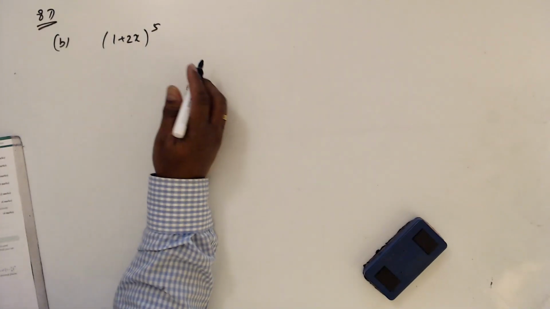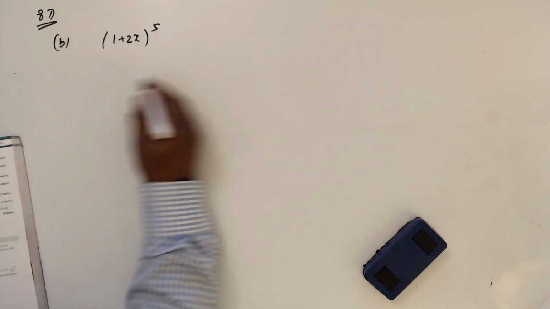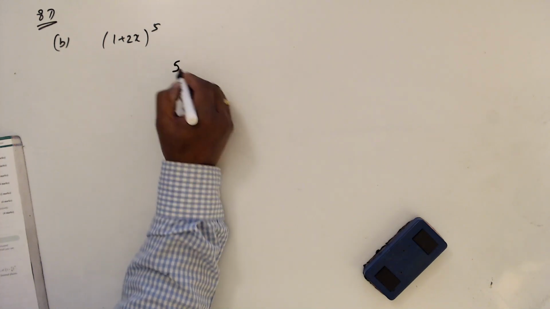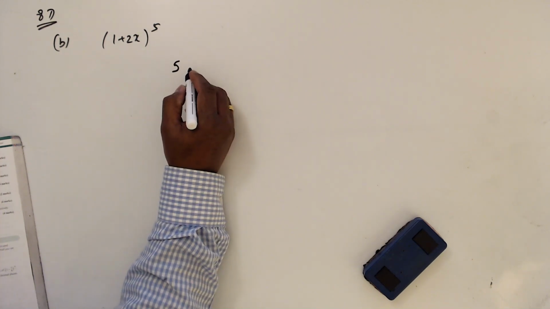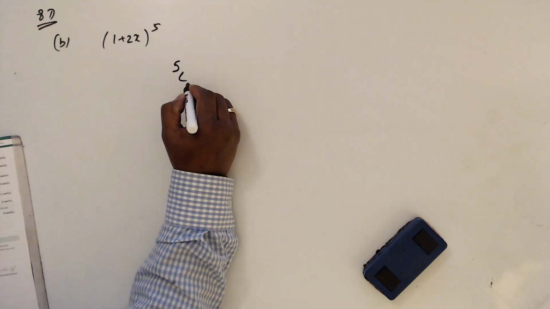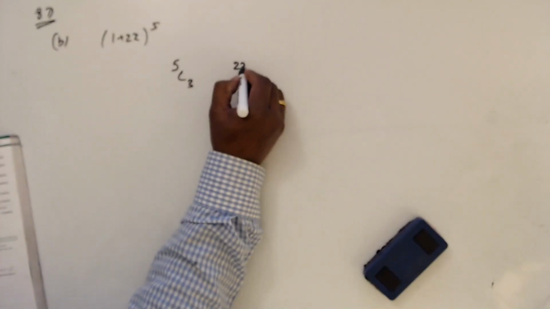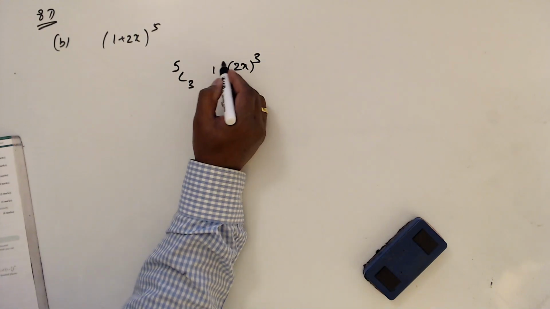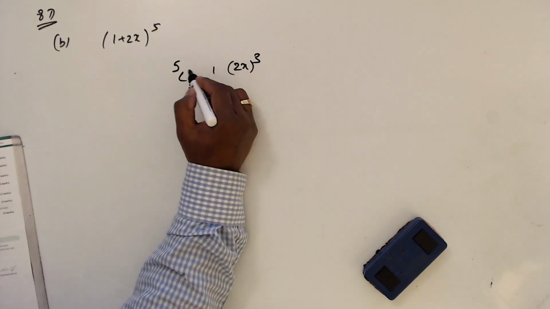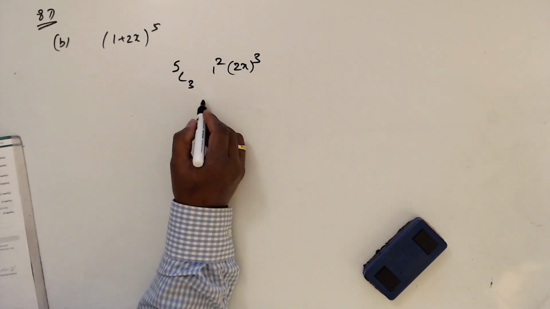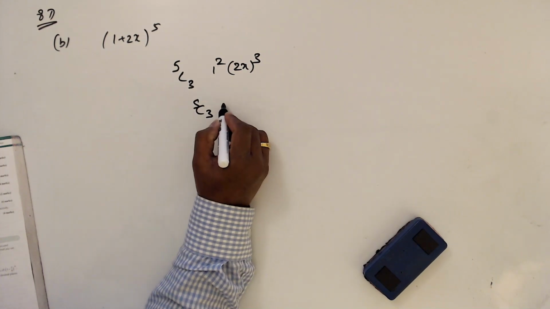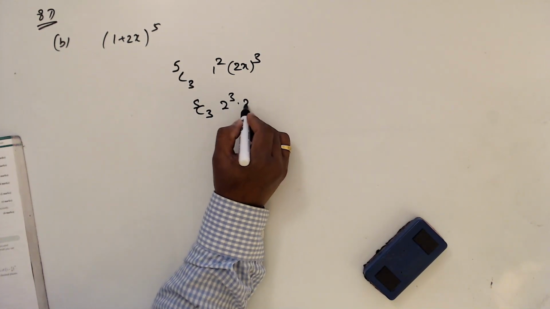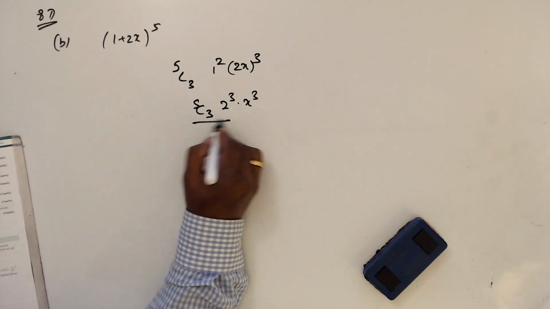1 plus 2x to the 5. 5c3, 2x cubed, then 1 to the 5 minus 3 2, 5c3 2 cubed x cubed.